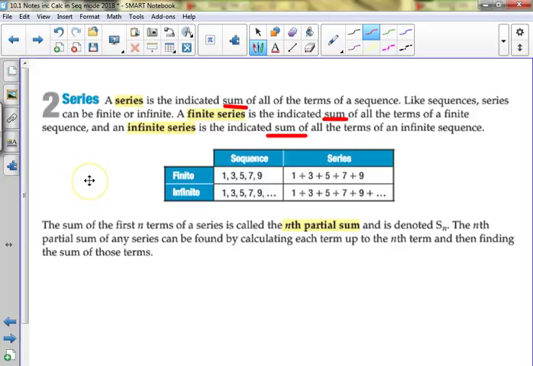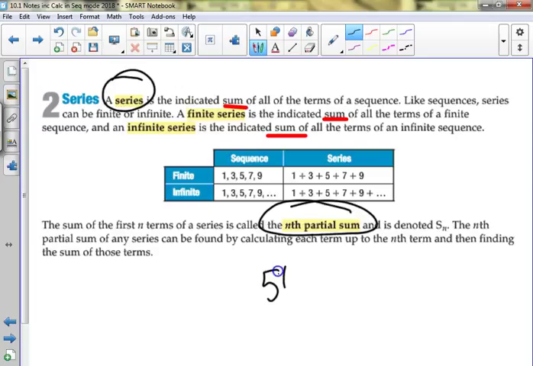A series, new vocabulary word. A series is the sum of all the terms of a sequence, a finite series or an infinite series. I am not going to use this vocabulary very much, but it's called an nth partial sum when you want to find the sum of like the first 5 terms.